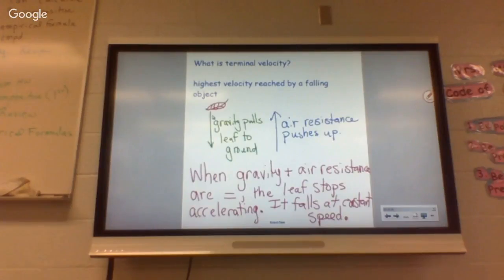All right, what's this? That's second. So every action. What's this stand for? Isn't that an equation? For every action, there's an equal amount.